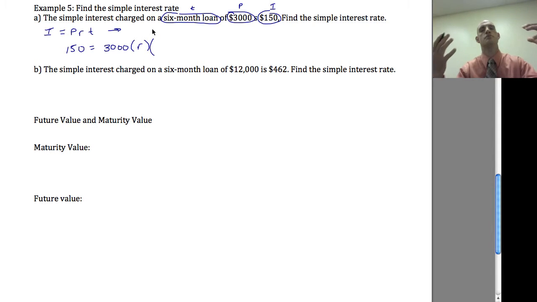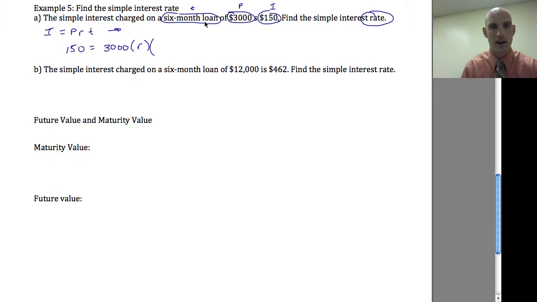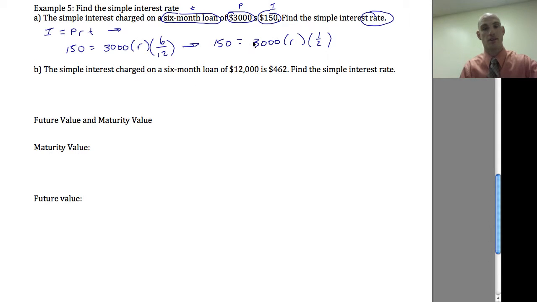Now, it assumes that my interest rate is a yearly one because it doesn't specify otherwise. And so when I have this 6 months, I'm going to put 6 out of 12. And so what I have is 150 equals 3,000 times R times 1/2. So I just need to solve for my rate. So I'm going to divide by a half on both sides.